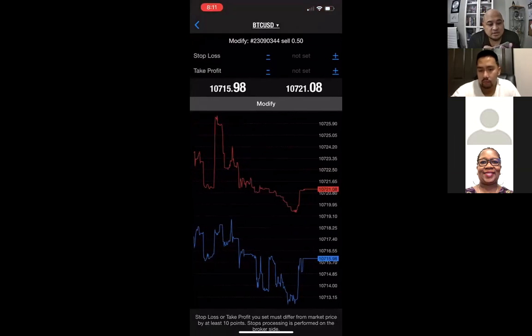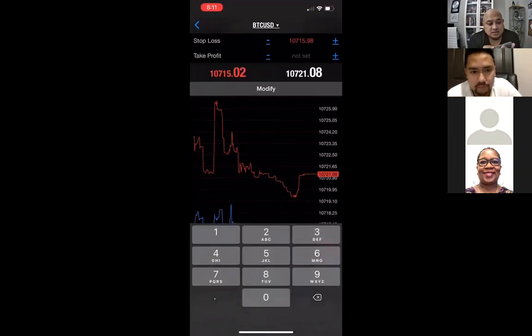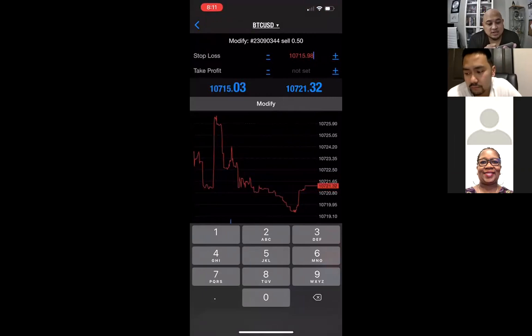If we entered at 10,716, we're losing money right now, right? So this is where you're going to stop loss it, 10,715, where it's at. Let's say you're going to go to sleep and you don't want it to go lower than 10,710, okay?